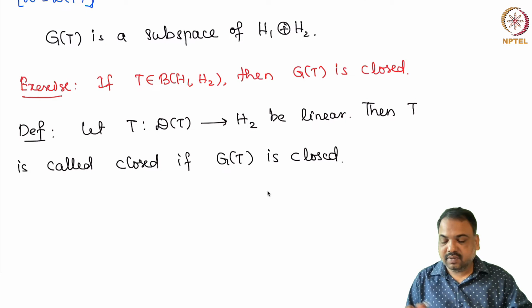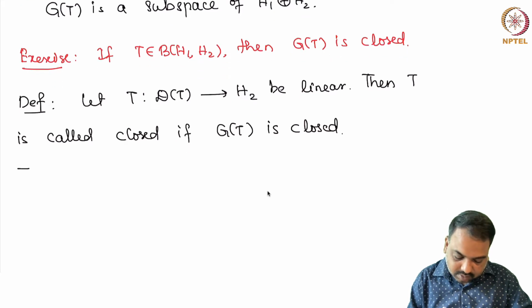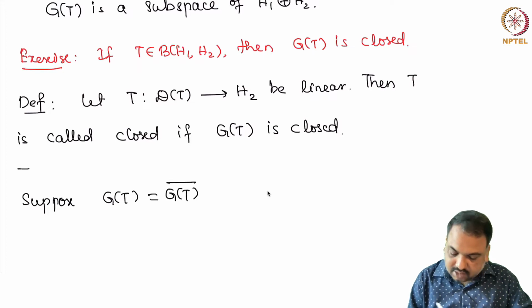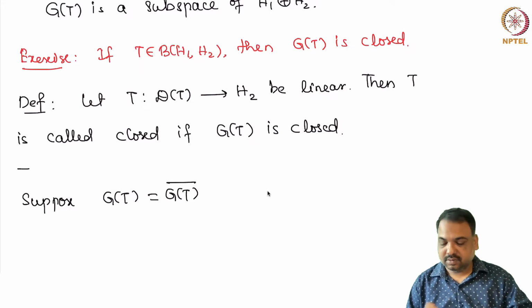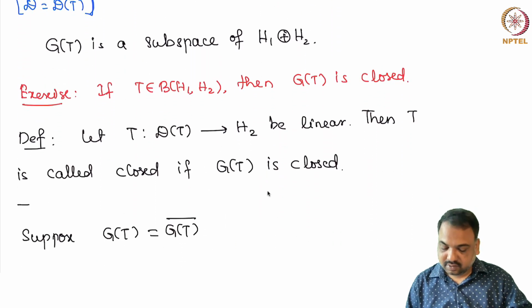Let us see what is the meaning of the graph of T being closed. So suppose the graph of T is closed. Here closure is with respect to the norm induced from the inner product of H1 direct sum H2.